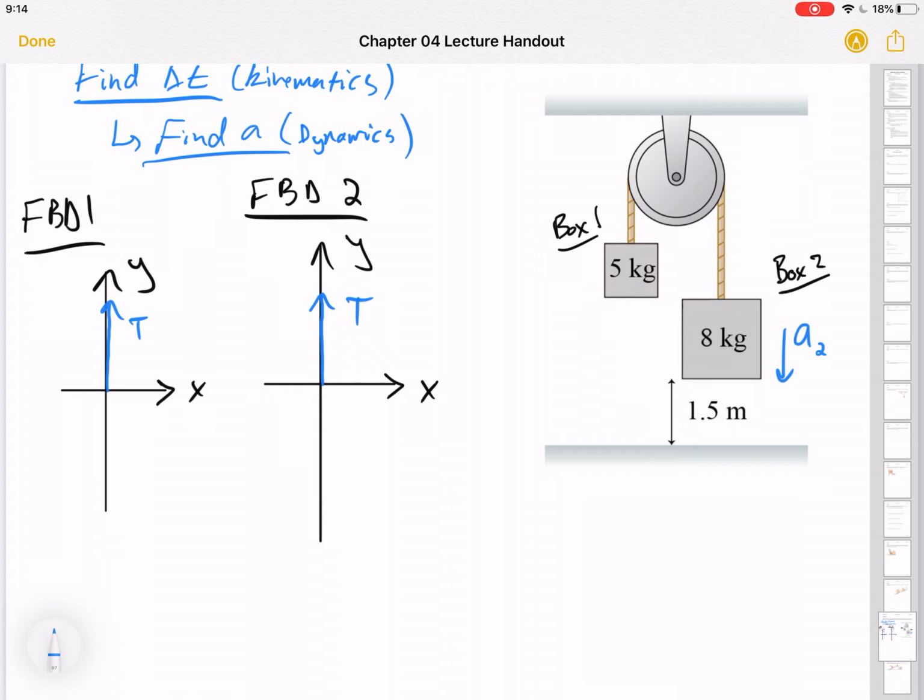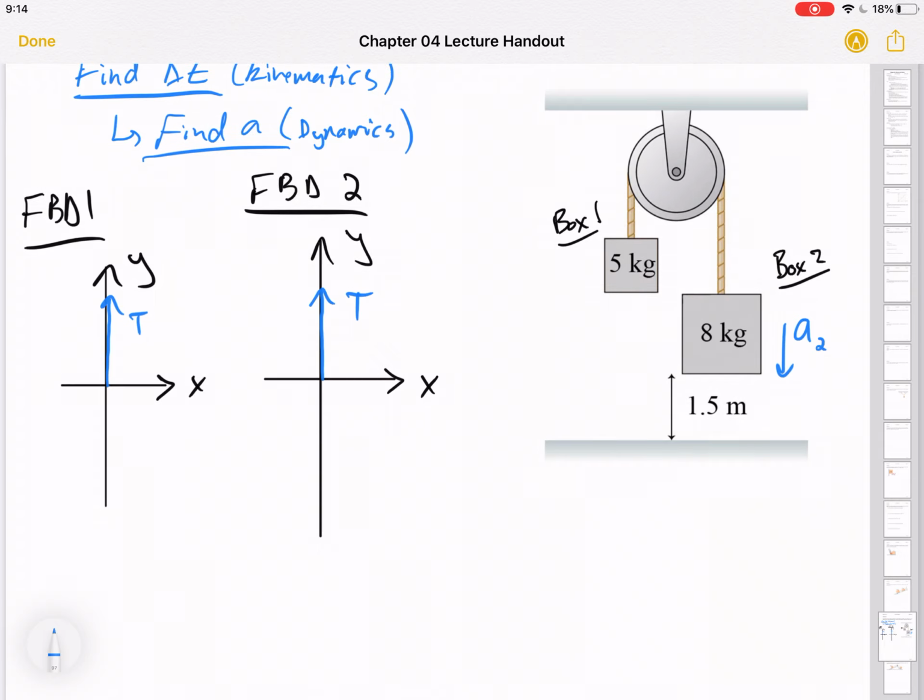I expect box 2 to accelerate downward, so the weight of box 2 must be bigger than tension. These are all vectors. And the weight of box 1 must be smaller than that tension in order for box 1 to accelerate upward, right?